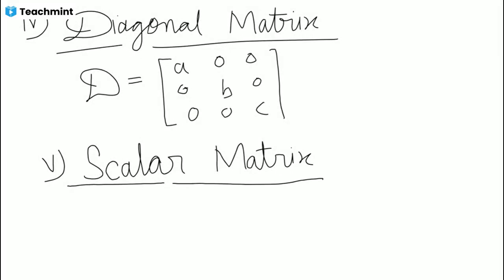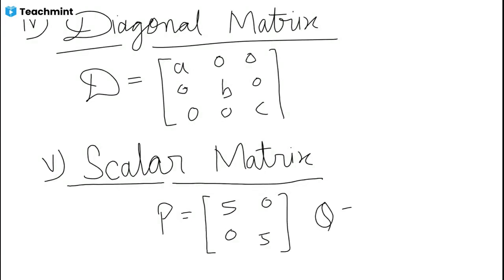Like we have a scalar matrix P with diagonal elements 5, 0, 0, 5, and Q having X, X, X, the same elements in the diagonal. Then we say this is a scalar matrix. Got it? Yes, ma'am. Next type is identity matrix. Sixth type.